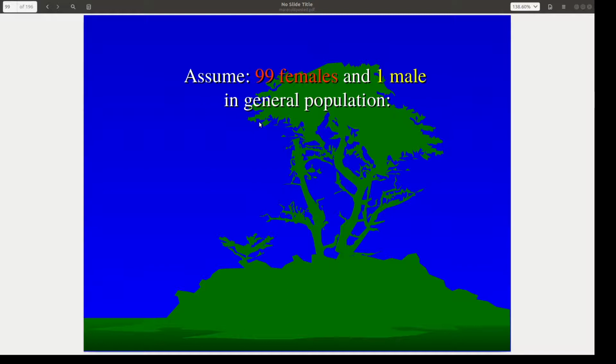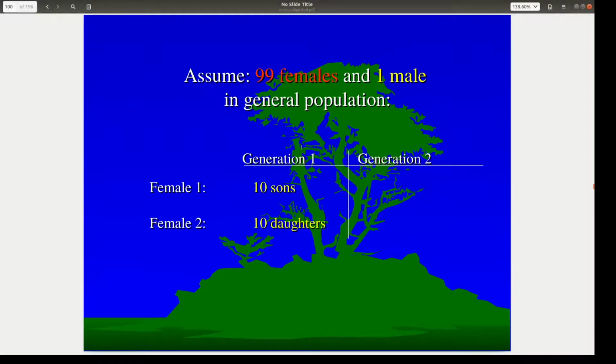So let's imagine that each female produces 10 offspring. First imagine we have a female that produces 10 sons, and another female that produces 10 daughters. These go out into the next generation, and the sons compete for mates.